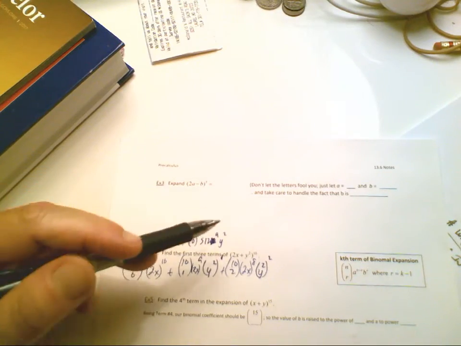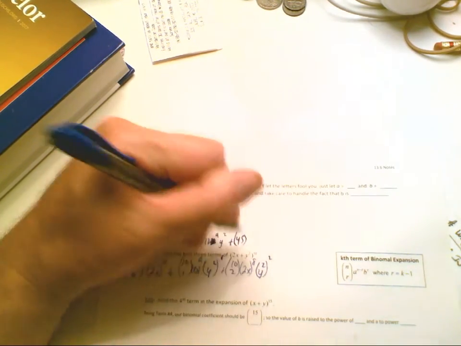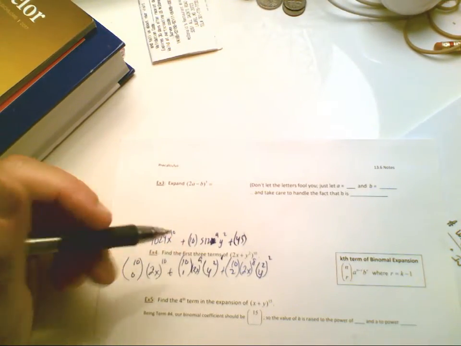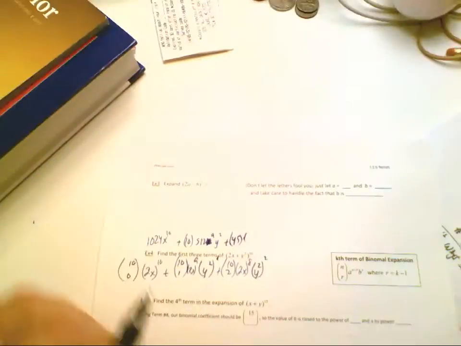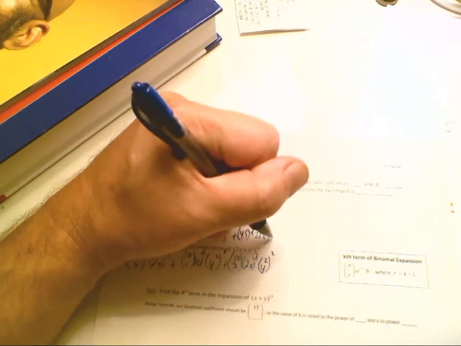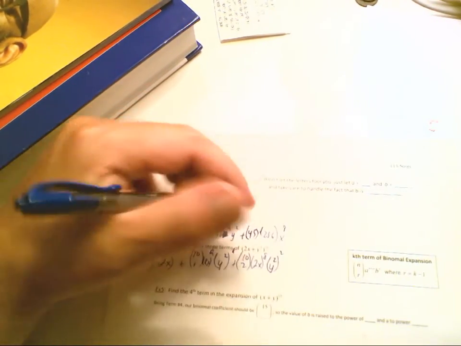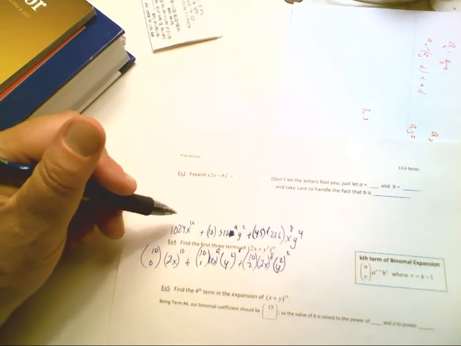And my last term is a 10, 2. If I go to the calculator, I'm going to get 45. 2x, that thing raised to the 8th. Well, 2 to the 8th is 256. So I'm going to have 256 x to the 8th, and y squared squared becomes y to the 4th. Now, if I work to simplify that, my first term is good.